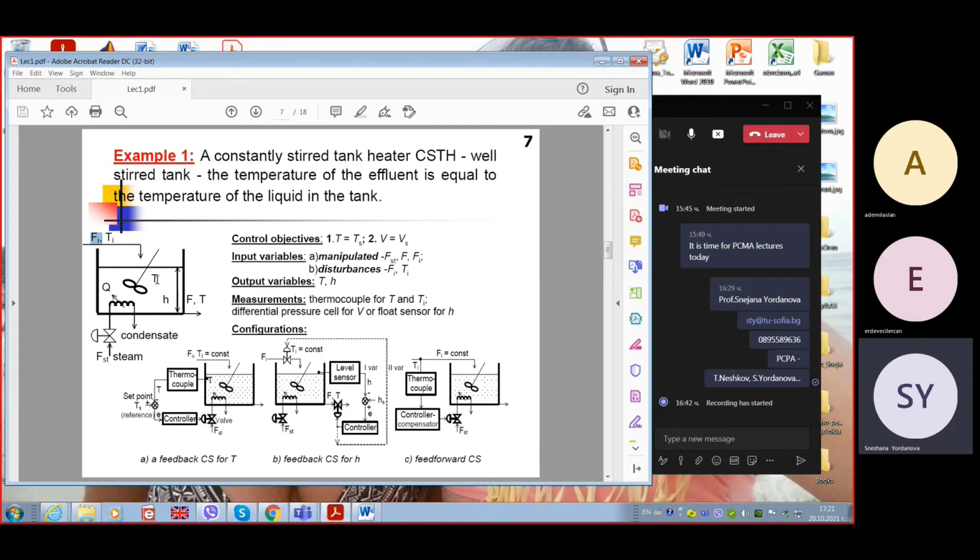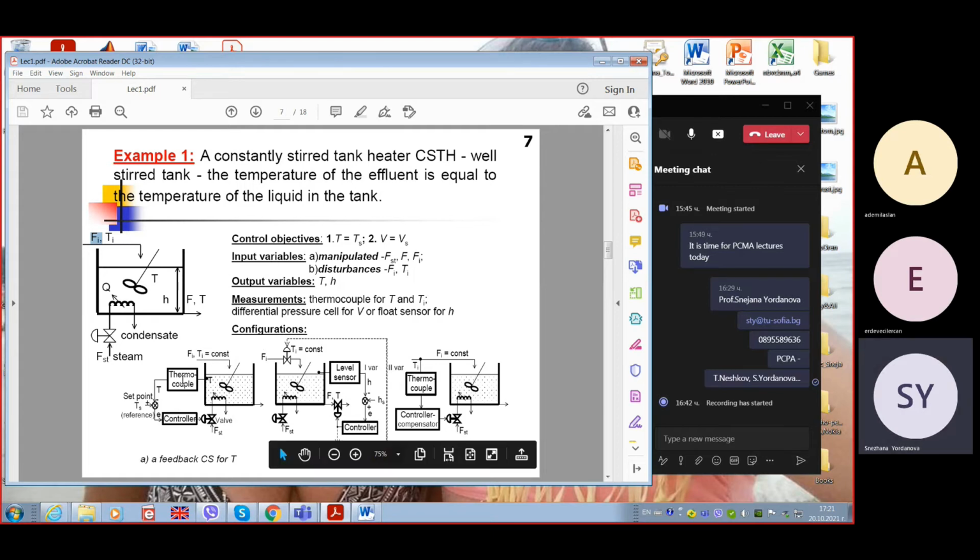If opposite, we change temperature by changing the set point for temperature. So set point is the desired value which has to be maintained, so the stabilization. It's also called a reference.